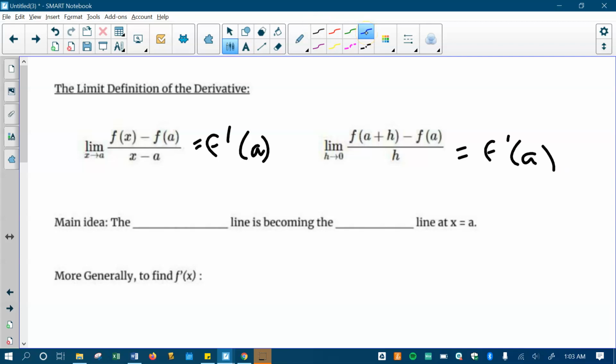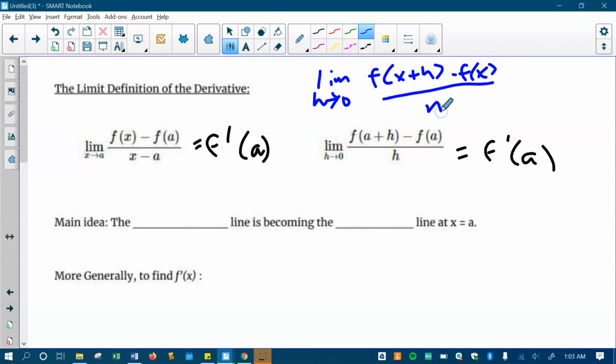Also make note that the limit as h approaches 0 of f of x plus h minus f of x, over h, is equal to f prime of x. So these are the limit definitions of the derivative.